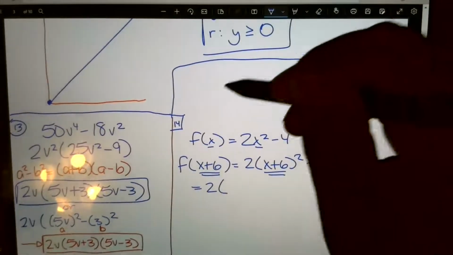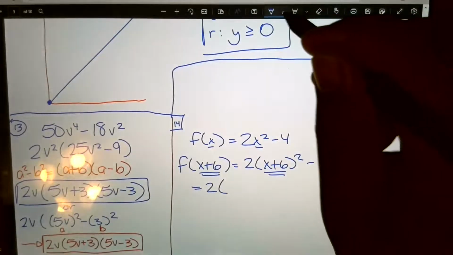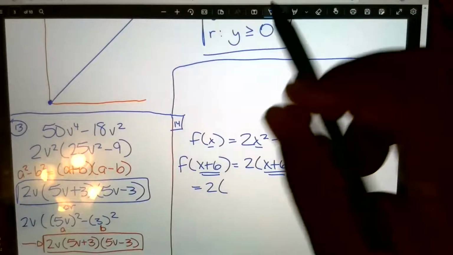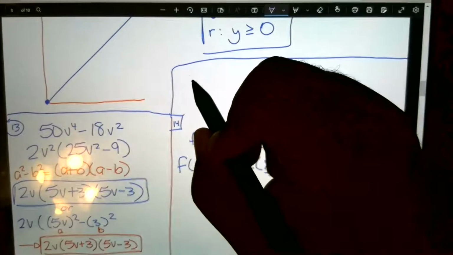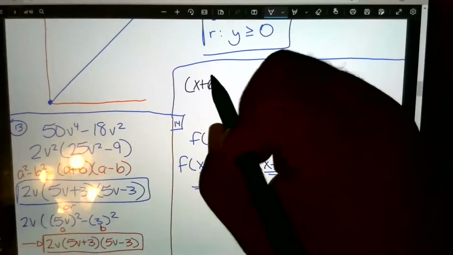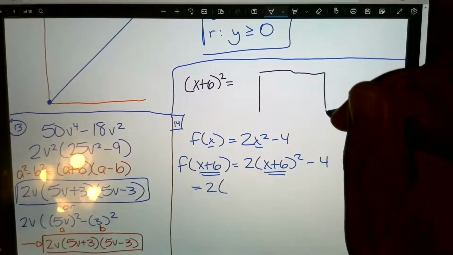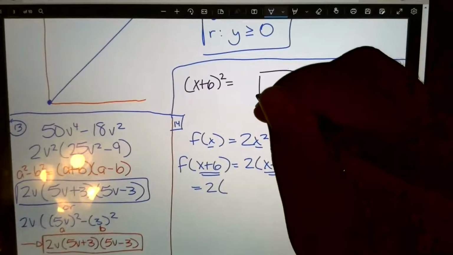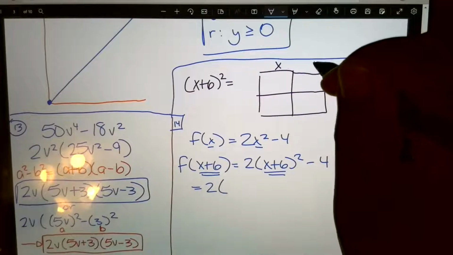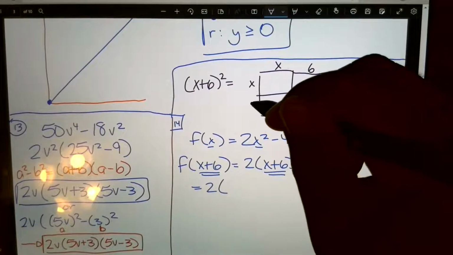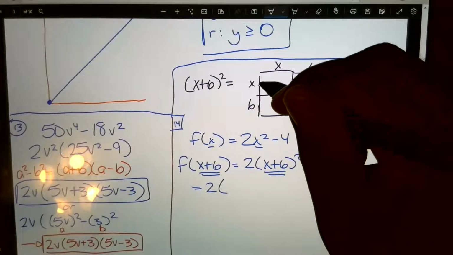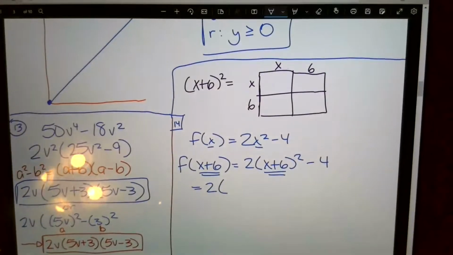Okay, so if I have a different color, x plus 6 squared. I make a box, x positive 6, x positive 6. This is the box method, or area model, way to multiply polynomials, in case you're looking for it.